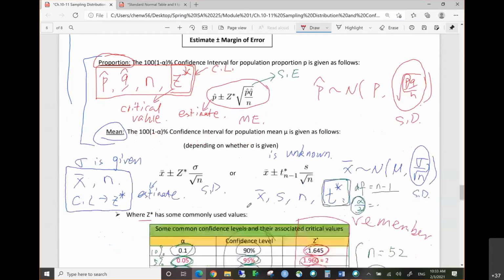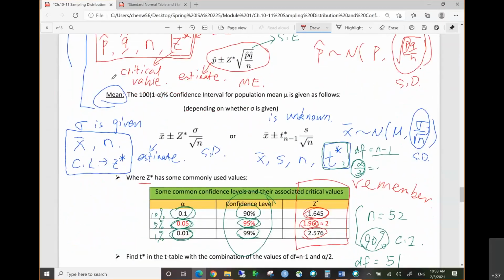But if you want a confidence interval for the population mean, then we have two options. You need to decide by yourself which formula you need to use depending on whether the population standard deviation is given or not. If the population standard deviation is given, then you have this formula.